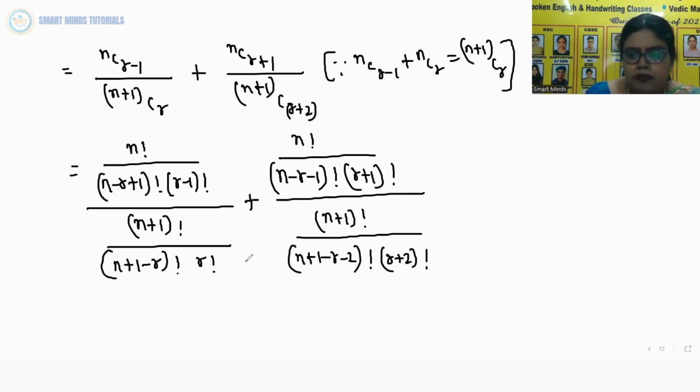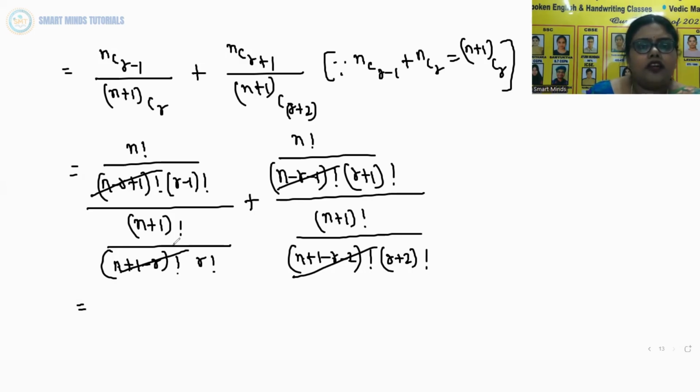Now we need to simplify this further. n-r+1 and n+1-r are one and the same, so we can cancel these two terms. And here (n-r-1), here also (n-r-1), these two terms can also be cancelled.